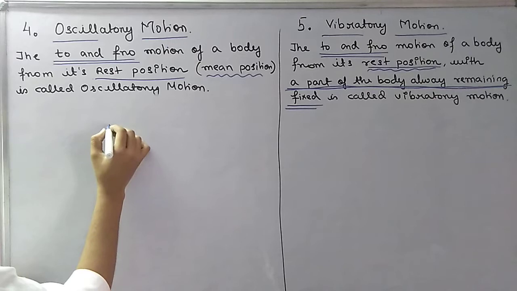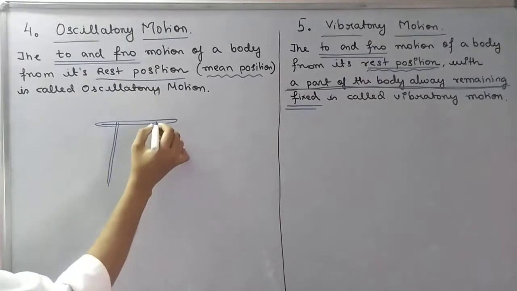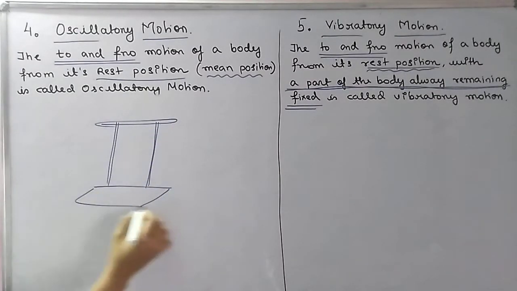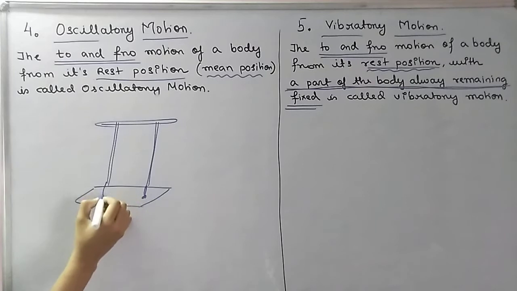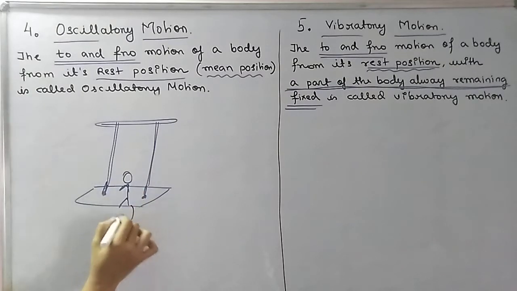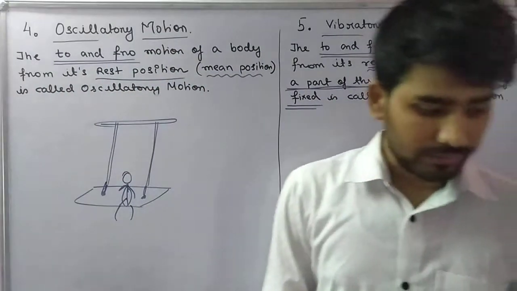How is it actually? If this is the rod, over here it's one end, over here it's one end, and over here you have a place to sit. It's tied over here, and you can just sit and go on. Now just try to understand.